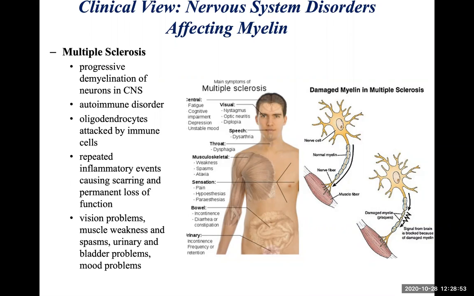What happens is you get a progressive demyelination of axons within the central nervous system. In addition, you end up with scar tissue formation because of the inflammation, because of the immune response that's occurring.